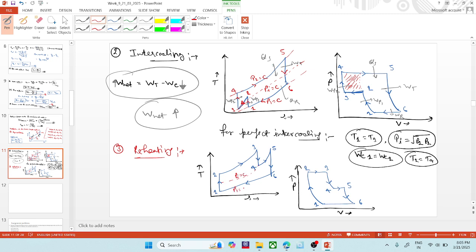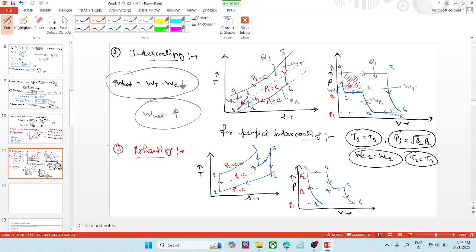This is constant pressure P1, then constant pressure P2. The same pressures we can show here: P1, this is Pi, this is P2, and somewhere here Pi.